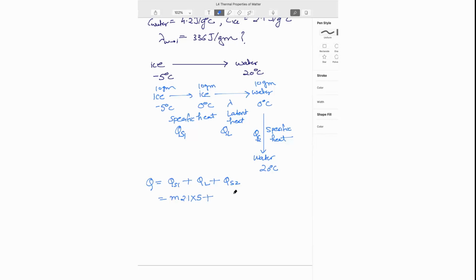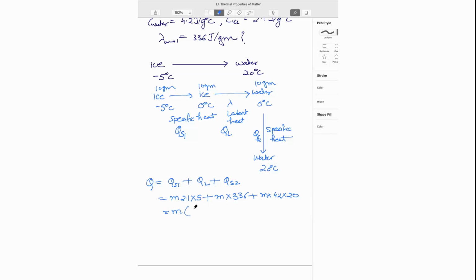Plus latent heat, M into the given latent heat 336 joule, plus QS2. For QS2 we need the specific heat of water, M into 4.2, and the temperature change is 20 degrees centigrade.